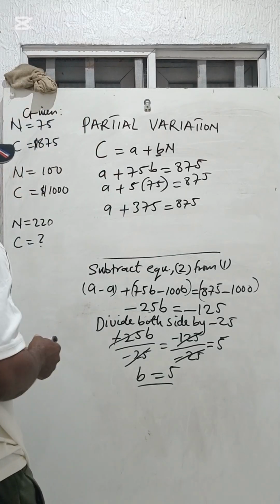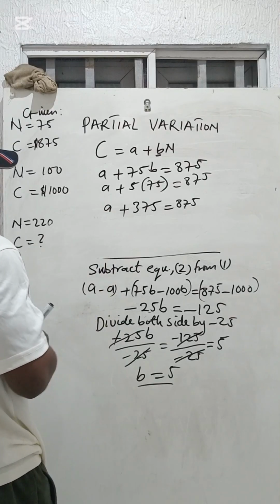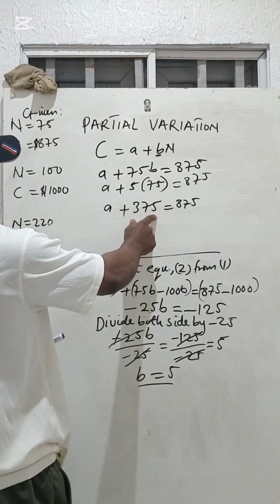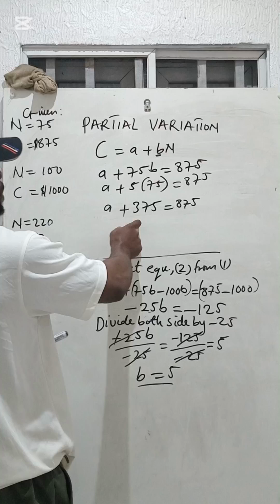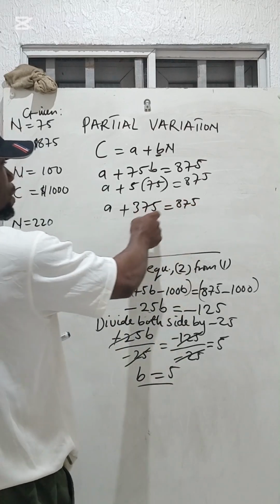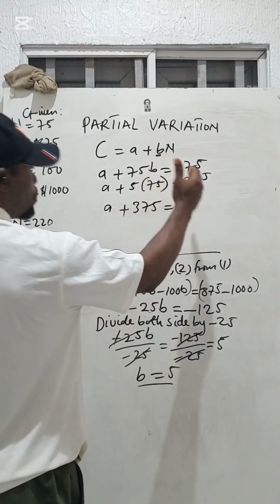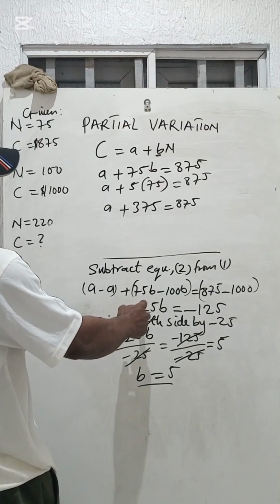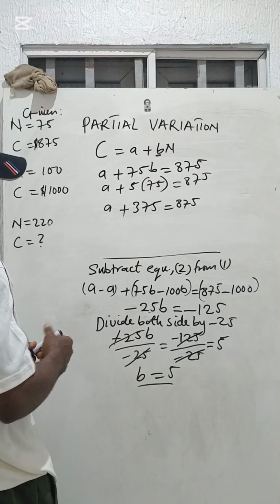I'm looking for this constant A. So to get this value, I will subtract 375 from both sides of the equation. The reason I am subtracting from both sides is because it is a law in algebra: whatever you do to one side of the equation, you also do to the other side. Just like I did here, I divided both sides of the equation by minus 25.